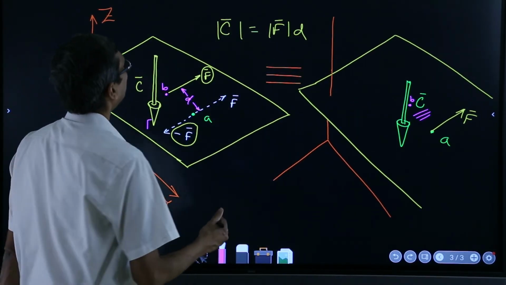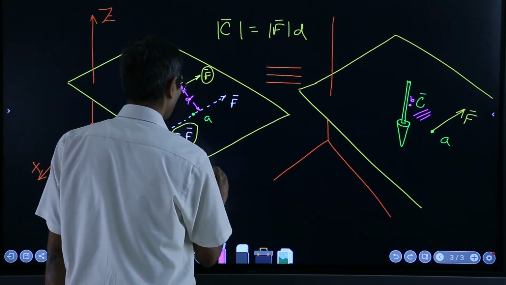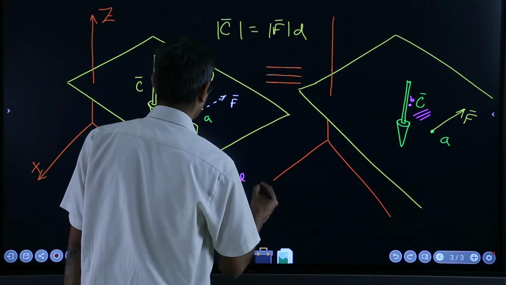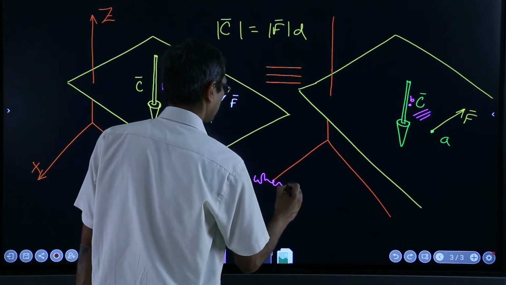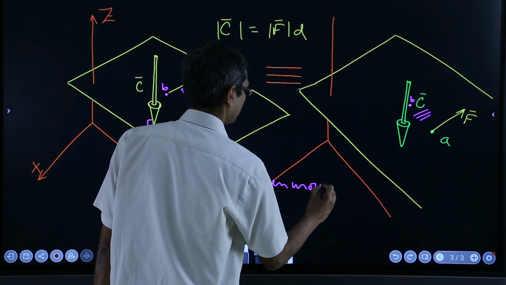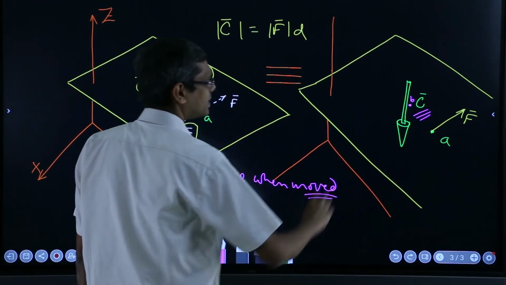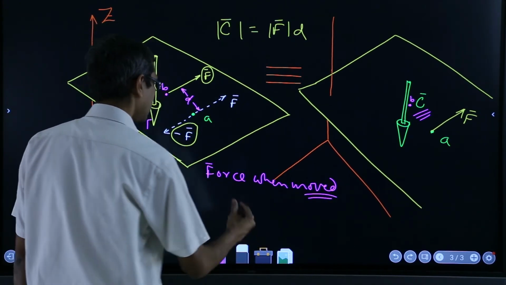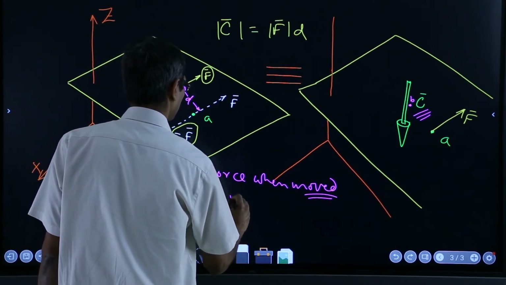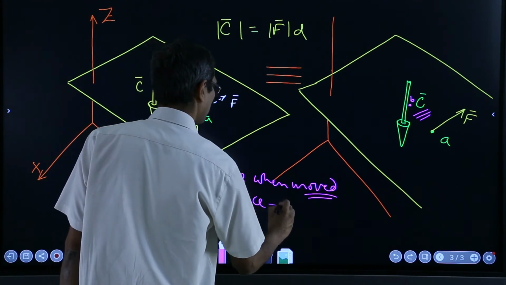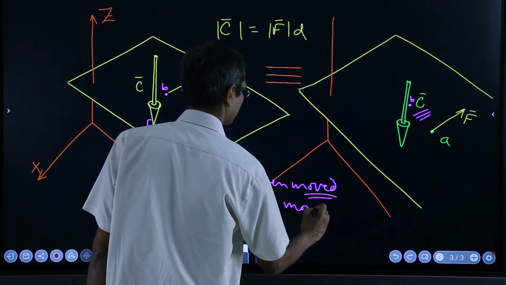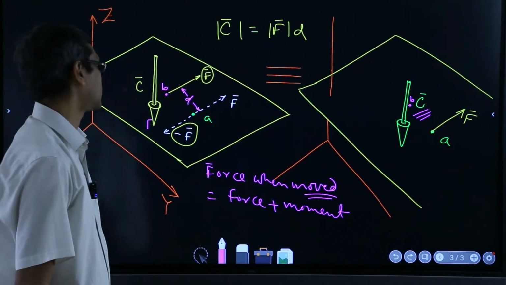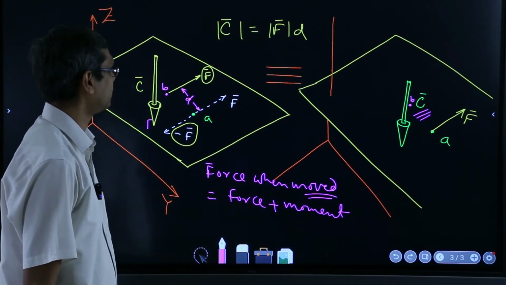So that means a force, when moved, and when I say moved, you understand what I mean, the line of action is moved parallelly, is equal to the force plus a moment. So that's the basic point which I wanted to make.